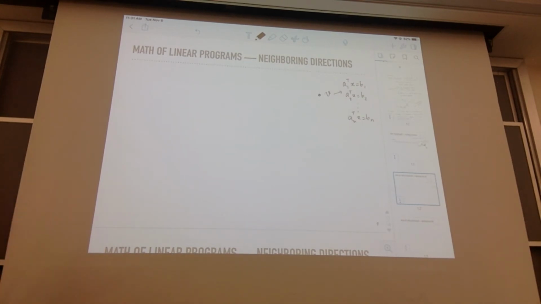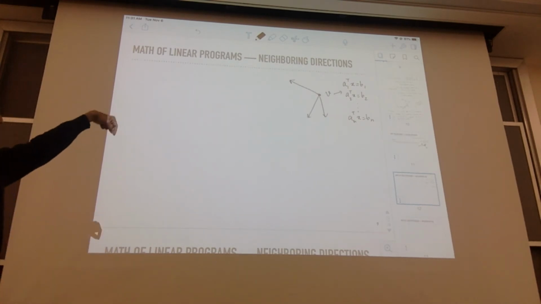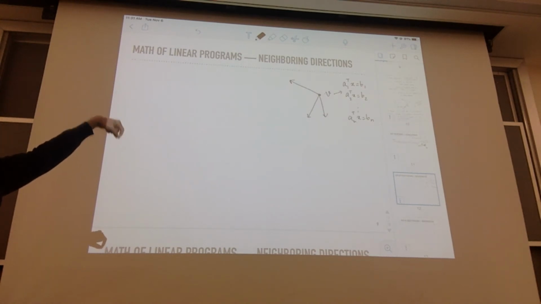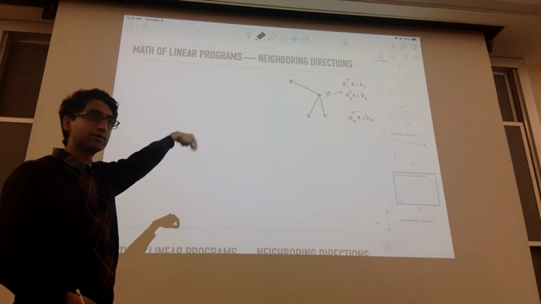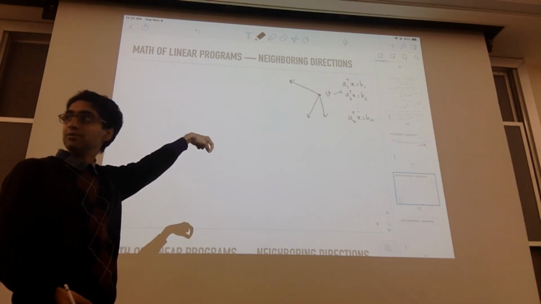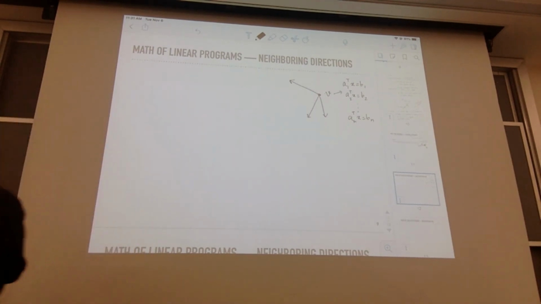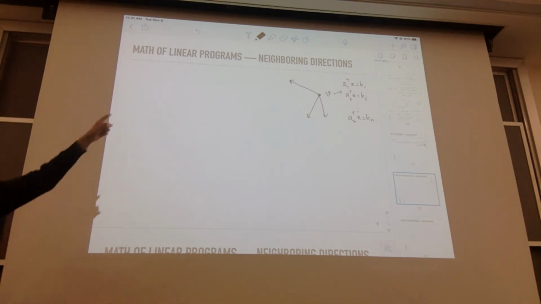Let us denote by this, you have n directions out of V, which are the directions in which there are neighbors. Note that it doesn't really matter how far these neighboring vertices were, because if your cost increased from V to a point out here, it will also increase from V to a point further out, because this is a linear function.